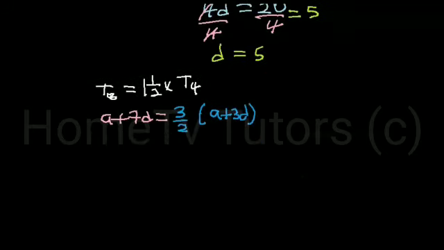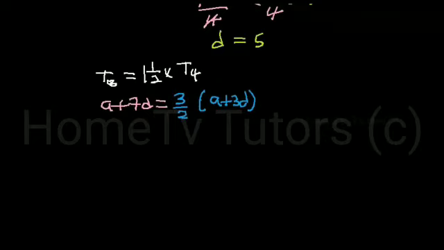Alright, so now we go ahead to simplify further. If we multiply throughout by 2, we have 2A plus 2 times 7D, which is 14D. Now we open the bracket on the right hand side: 3 times A, we have 3A, 3 times 3D, we have 9D.